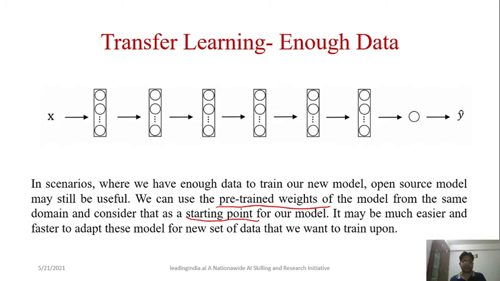Once you utilize this starting point, you are not starting from random. Your network is already trained to find some appropriate features from the data. So this will help you train much faster on your own data, and it will adapt much faster. So your model will converge much faster. In that way you can utilize the pre-trained weights.